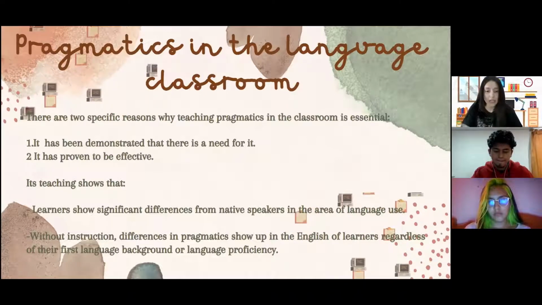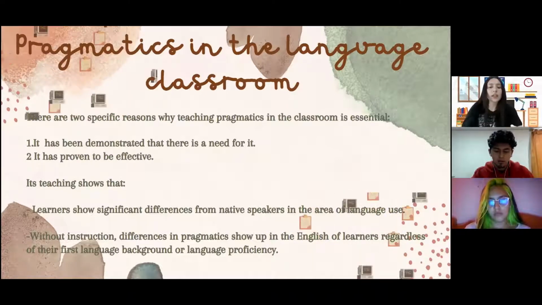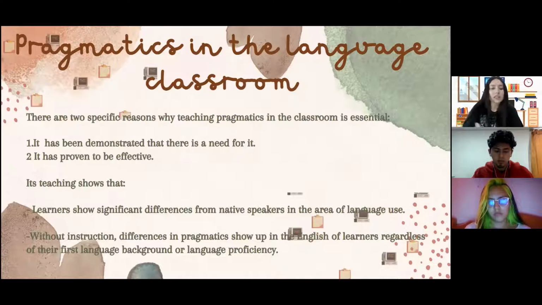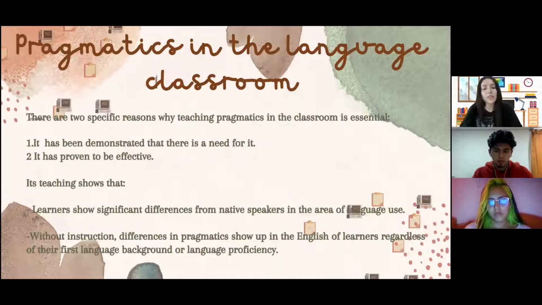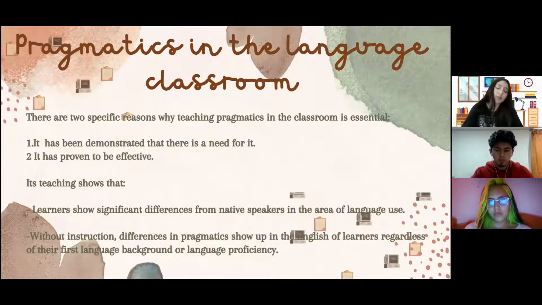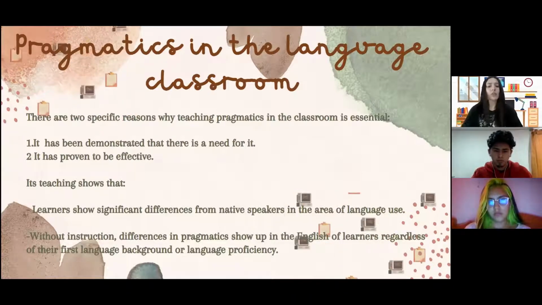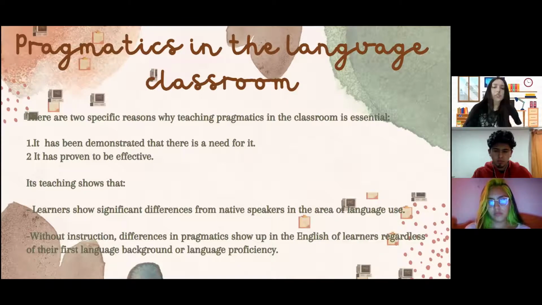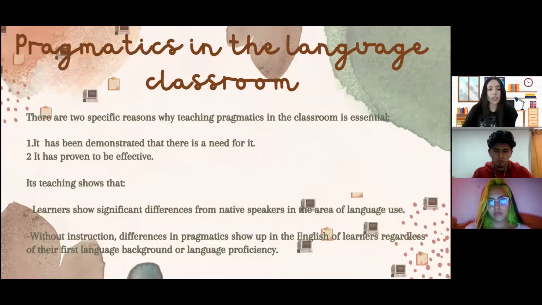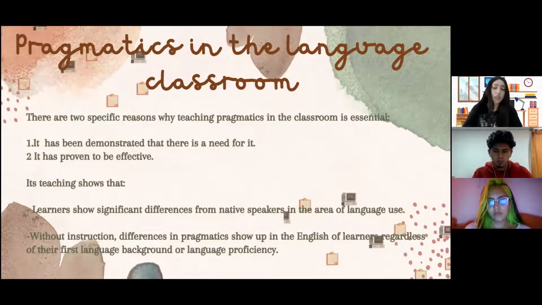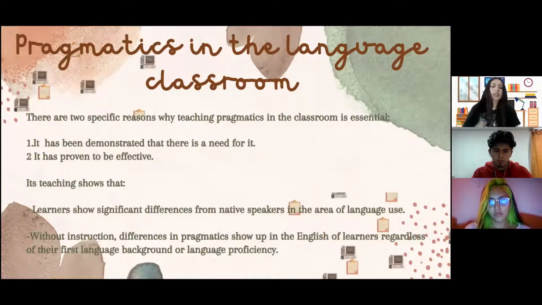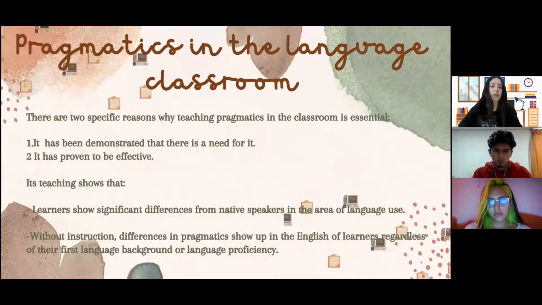Instruction can help learners understand when and why certain linguistic practices take place. It can also help learners interpret the input that they hear, in both actual comprehension, what does this formula mean, and interpretation, like how is this used, or what does a speaker who says this hope to accomplish.